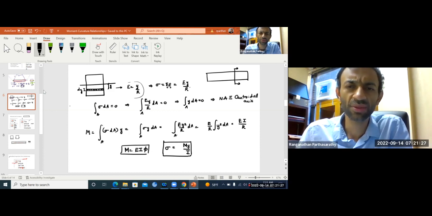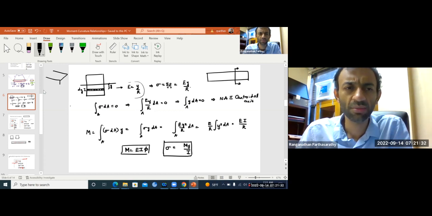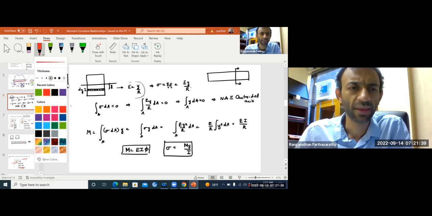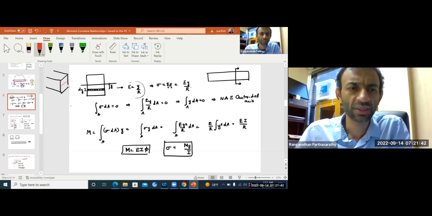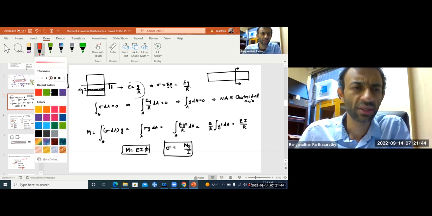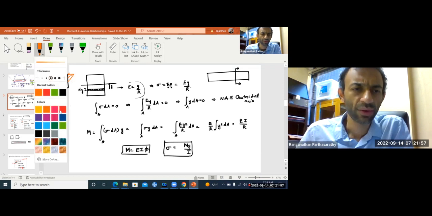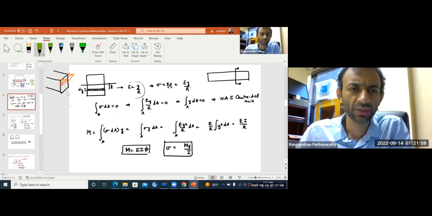So your total force on this section, let's draw how this section looks. That's the beam, and at this cross section, that's the neutral axis. You have compression all above, and below the neutral axis, you have tension.